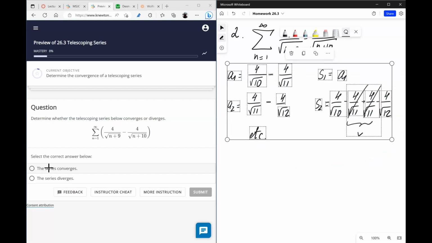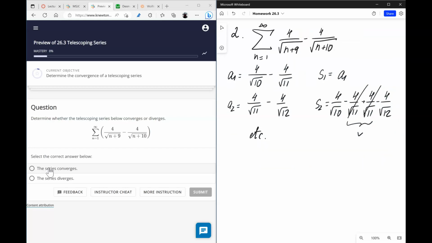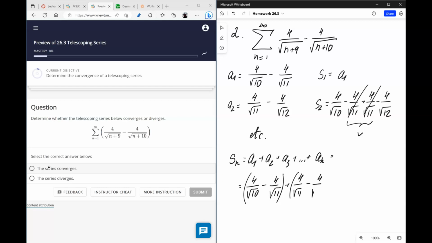Now to determine whether this series converges or diverges, we have to consider Sn. Sn will be A1 plus A2 plus A3 and so on plus An. A1 will be 4 over square root of 10 minus 4 over square root of 11, plus A2, 4 over square root of 11 minus 4 over square root of 12, and so on.